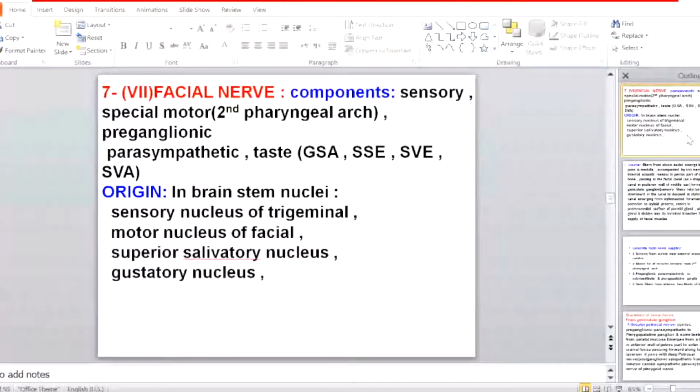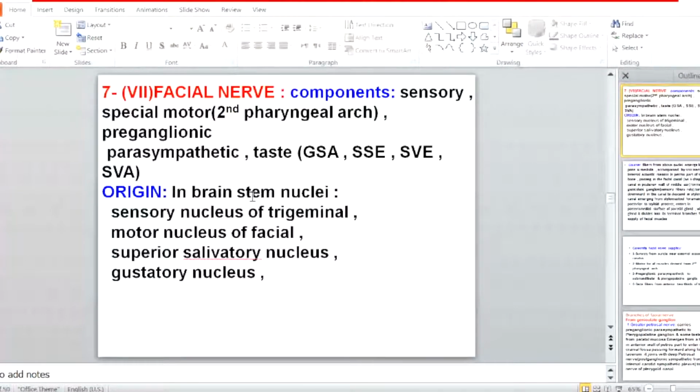Now we are back to slide number 25. Again, the facial nerve, as I said, has a sensory component and special motor components. This is for the supply of muscles of second pharyngeal arch.